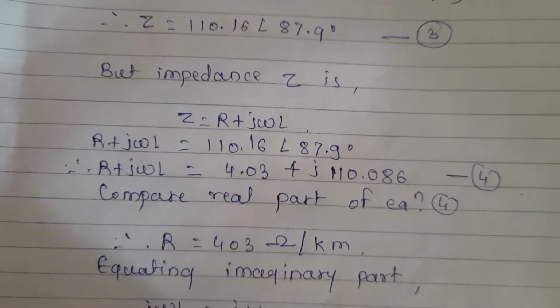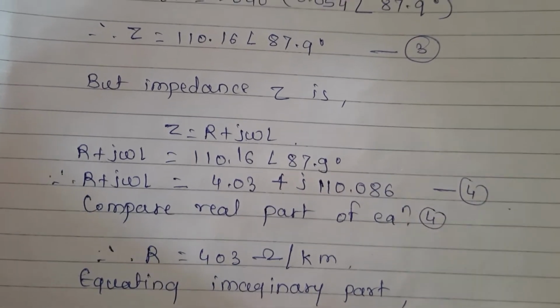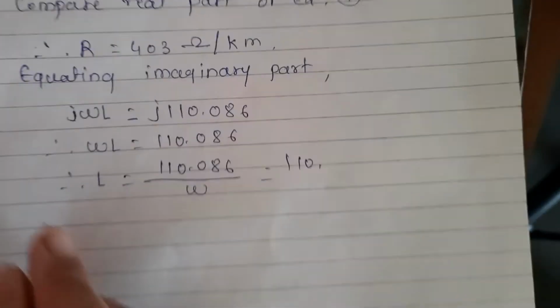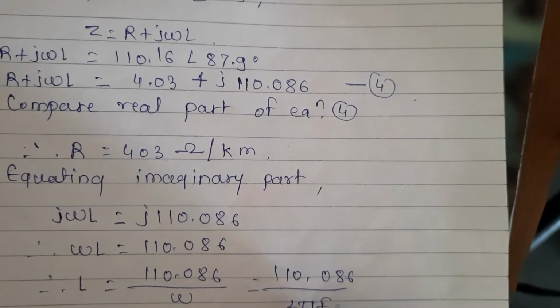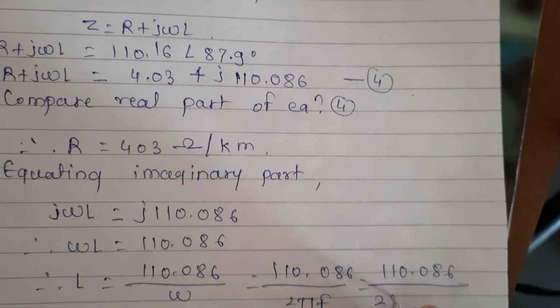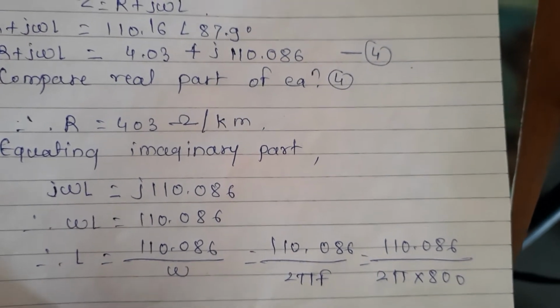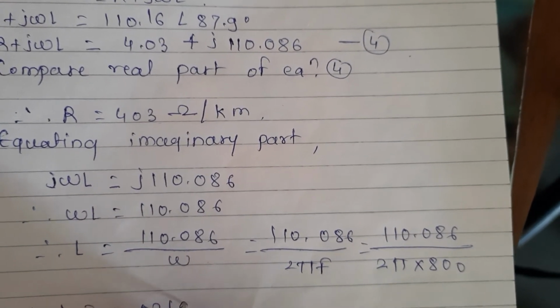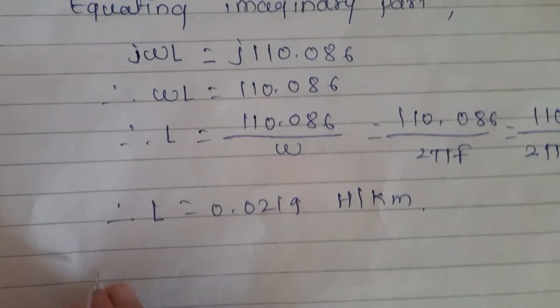Therefore L is equal to 110.086 divided by omega, but omega value is 2 pi f. So it is 110.086 divided by 2 pi into f is 800. So the value of L is 0.0219 Henry per kilometer.